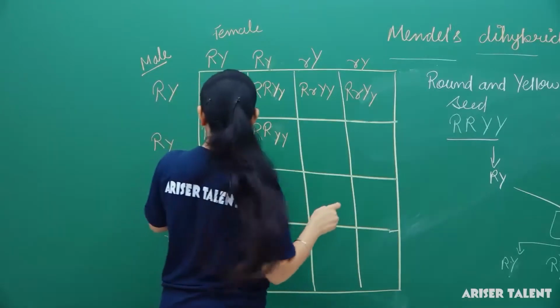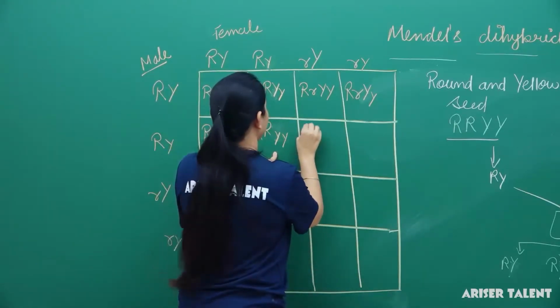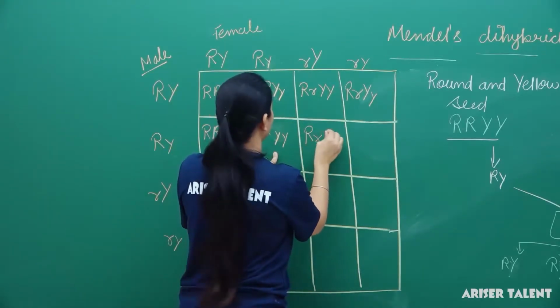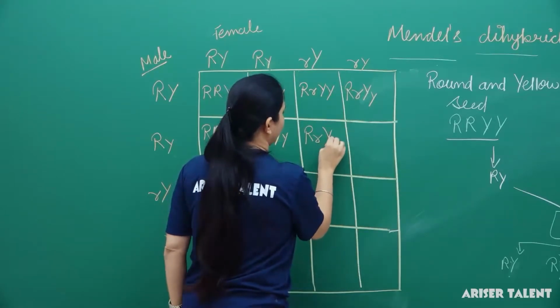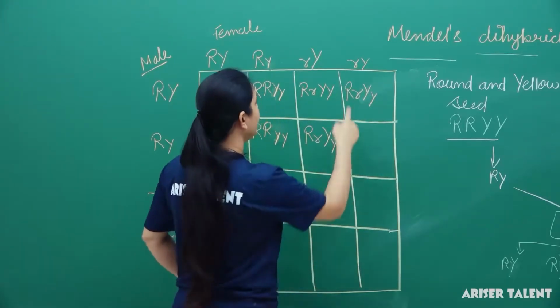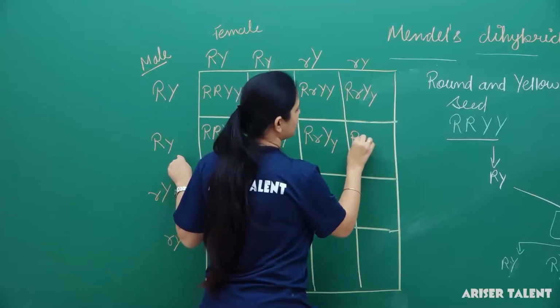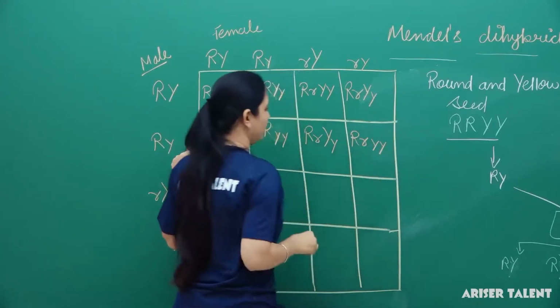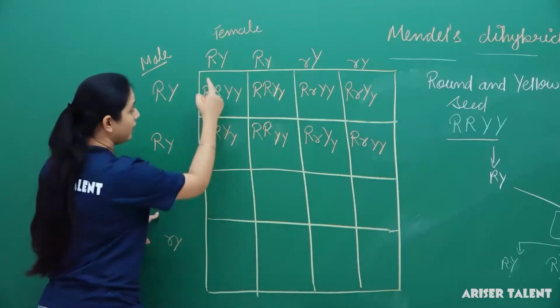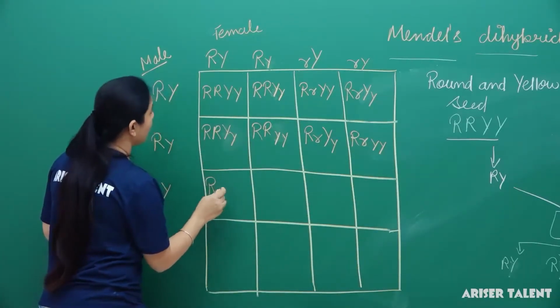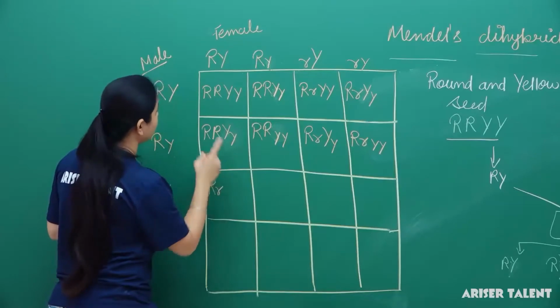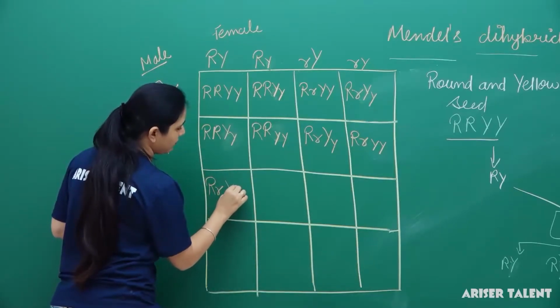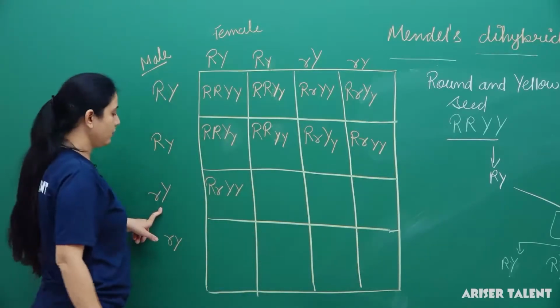Then capital R and small r, capital Y and small y. Here capital R, small r, then small y and small y. Then here again capital R, small r, capital Y and capital Y.